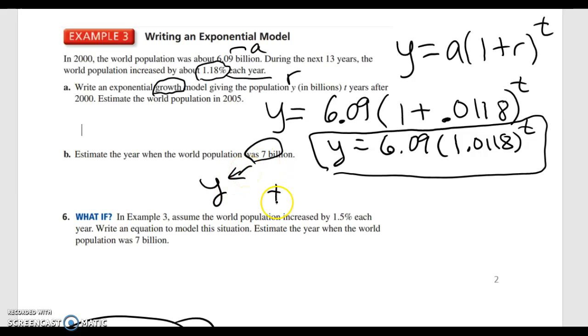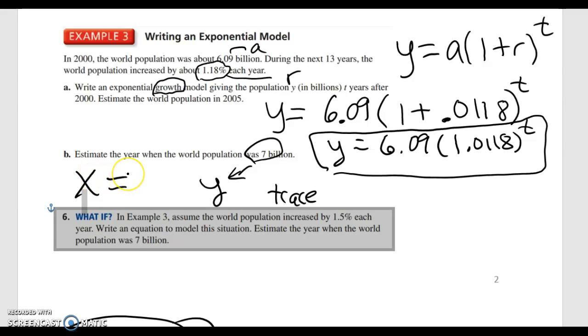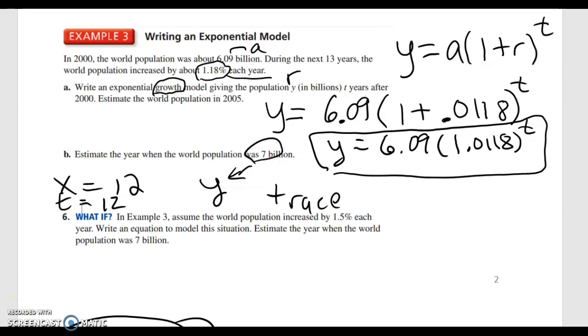You're going to graph it and then trace it. After tracing it, the closest x value when y is 7 billion should be about 12, so t equals 12. We'll then do monitoring progress number 6 in class. Please have any questions you have ready for class tomorrow.